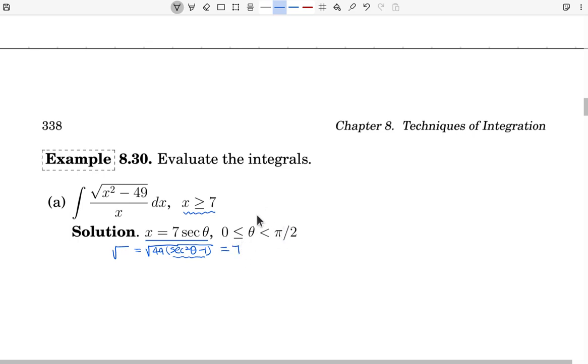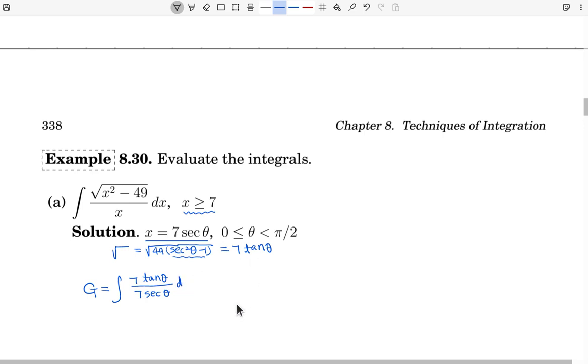Between this angle, tangent theta is positive, so you don't have to put an absolute sign. On the bottom is 7 sec theta. So the given integral can be changed here: the top is 7 tangent theta, and the bottom is 7 sec theta, and d theta.